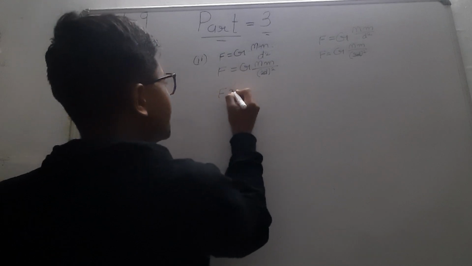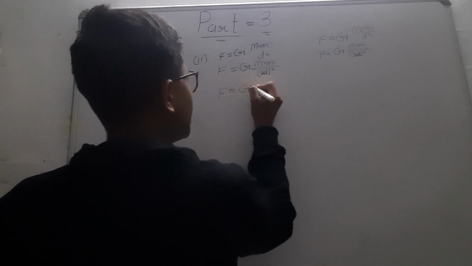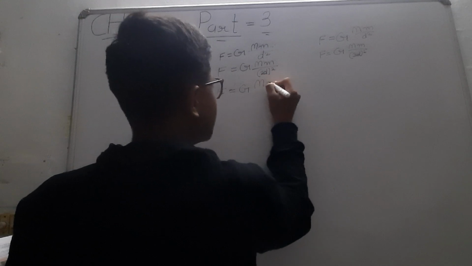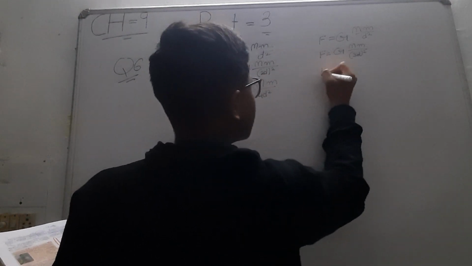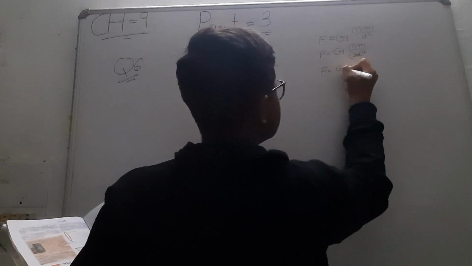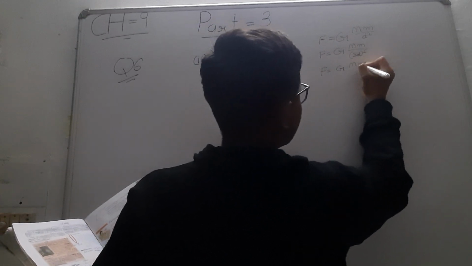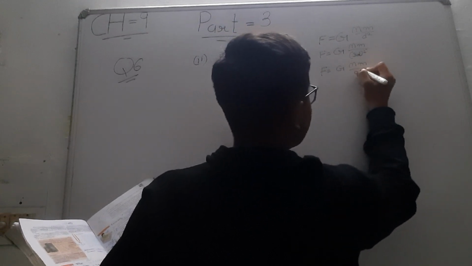So what will it be? With double distance, G m1 m2 upon 4d square. With triple distance, F is equal to G m1 m2 upon 9d square.